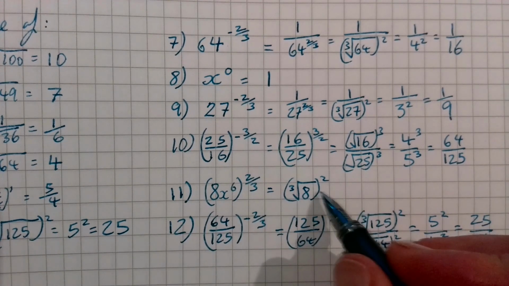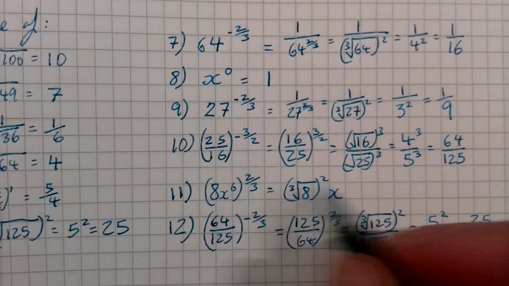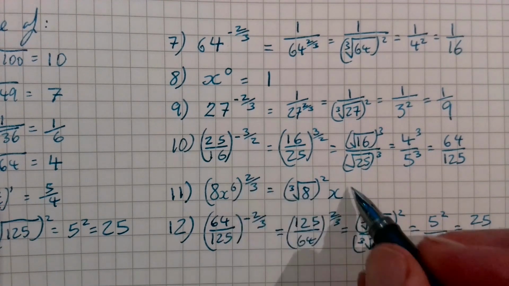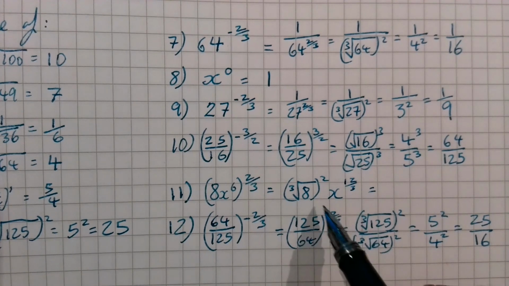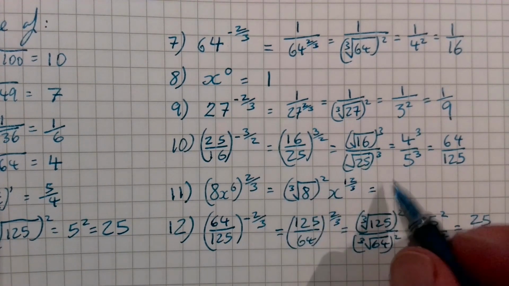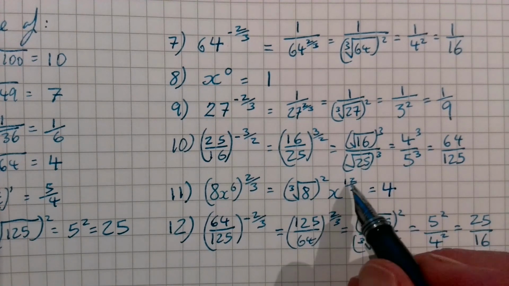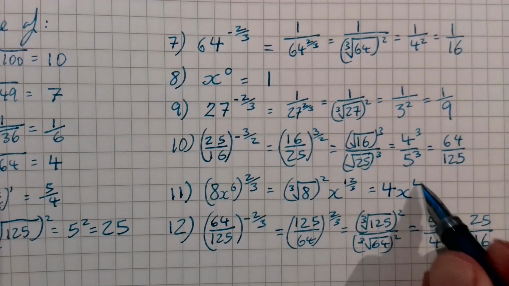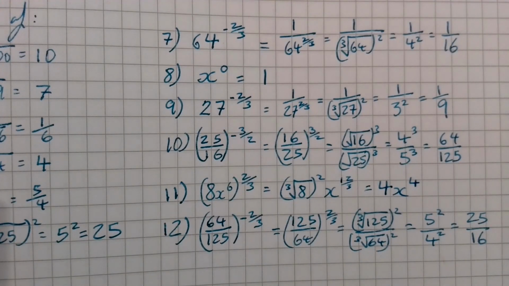So that's going to be times x to the power of 6 times 2 over 3. So 6 times 2 is 12 over 3, isn't it? Now the cube root of 8 is 2, 2 squared is 4, and then looking at these x's, 12 divided by 3 is 4, so it's 4x to the power 4.